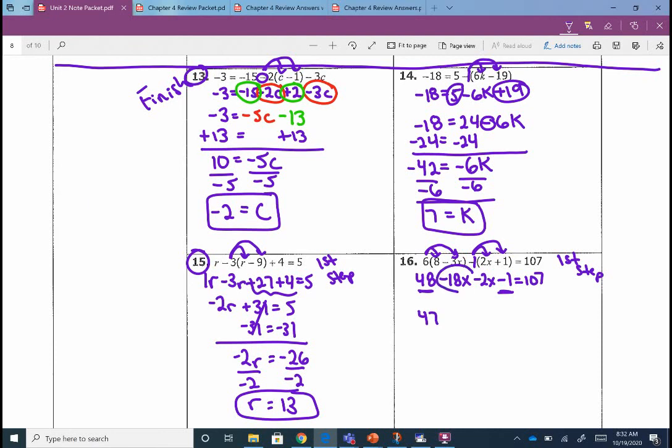Negative 18x, negative 2x, negative 20x, and then we've got our 107. I know all of us out there know how to combine those like terms. I just start seeing the mistakes when we forget about the signs that are in front of them. That's what we have to be really, really careful of, are those signs in front.